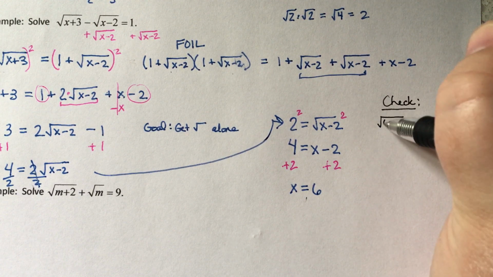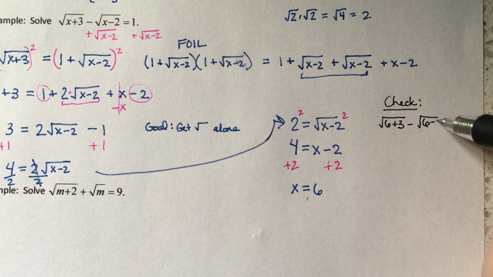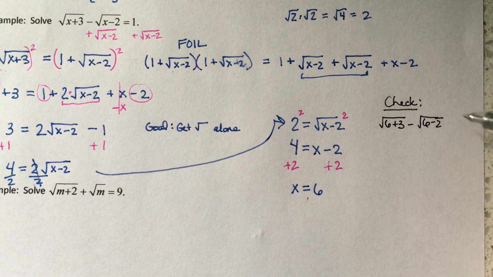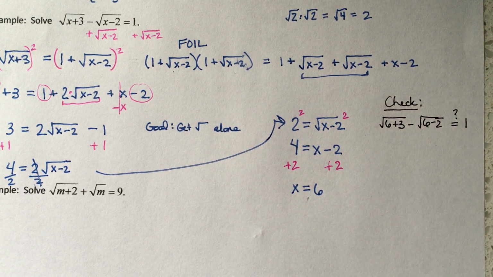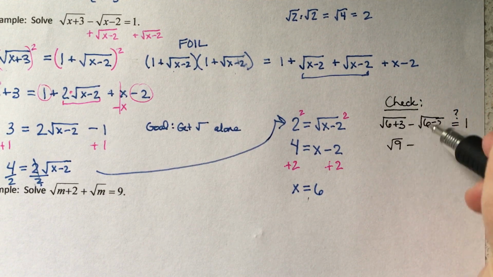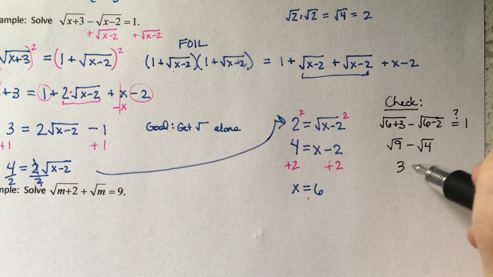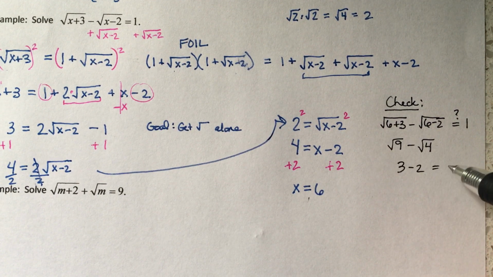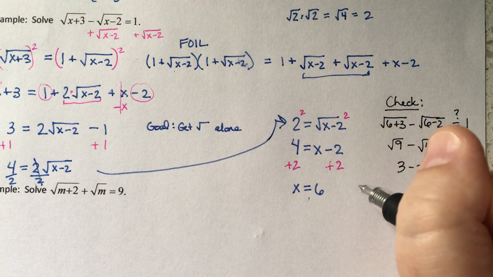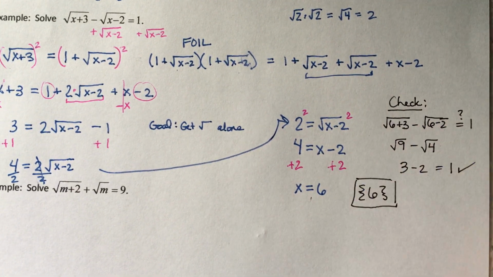So I get the square root of 6 plus 3 minus the square root of 6 minus 2. And I want to know, does that equal 1? Square root of 6 plus 3 is the square root of 9. 6 minus 2 is 4. Square root of 9 is 3. Square root of 4 is 2. Hey, it actually equals 1. It checks out. So our solution set is 6.